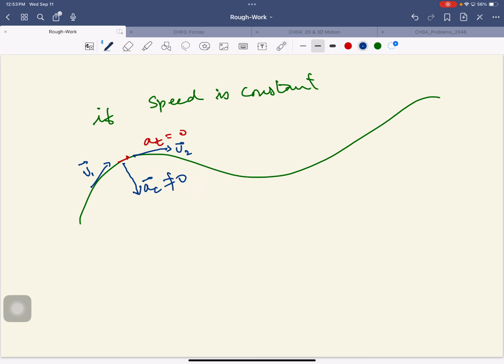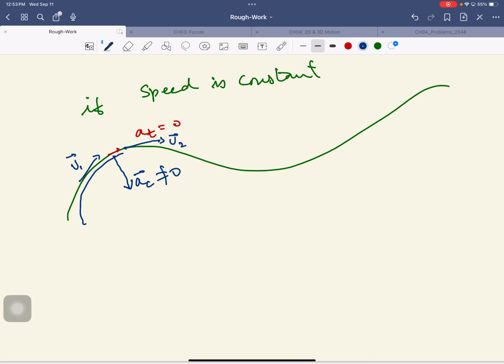So when you're going on a curved road at constant speed, if you hit a curvature, then your velocity is changing and you're accelerating. Which way is the acceleration pointing? You complete a circle, and the acceleration is pointing towards the center of the circle. Now, what happens if your speed is also changing?